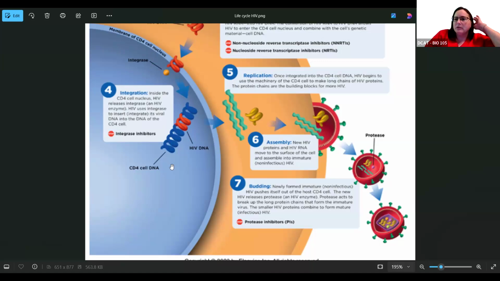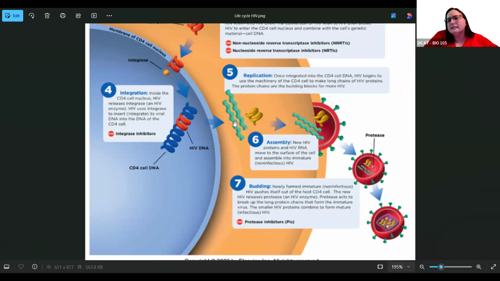Inside of the CD4 cell nucleus, the HIV releases integrase, an HIV enzyme. The HIV uses integrase to insert or integrate its viral DNA into the DNA of the CD4 cell.